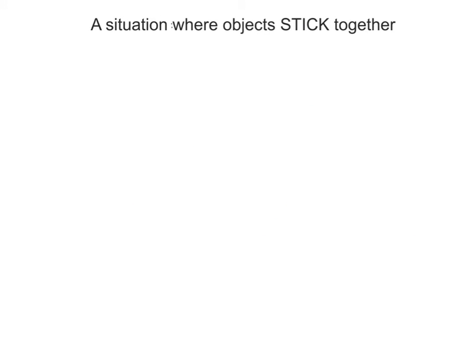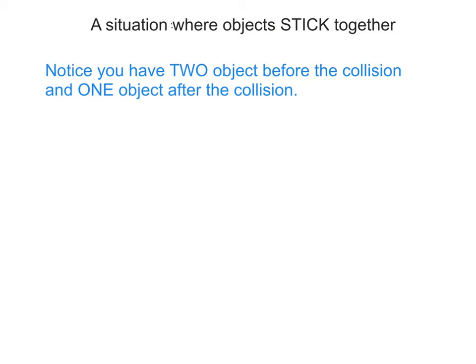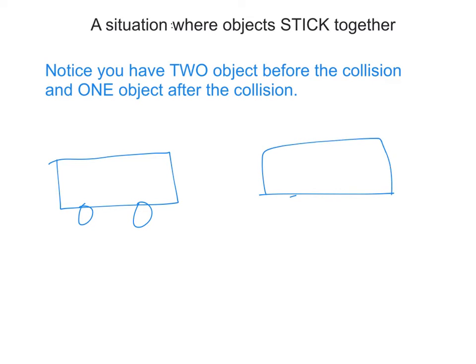The second type of collision is a situation where objects will stick together. In this situation, you will have 2 objects before the collision and 1 object after. A situation could be something like 2 freight cars on a train that end up colliding into one another.